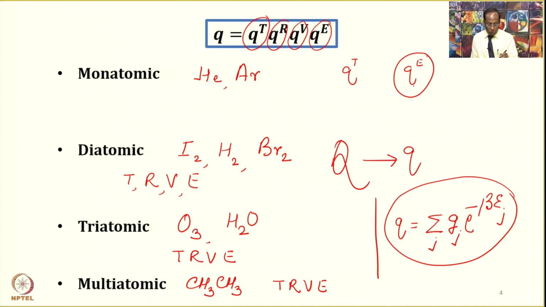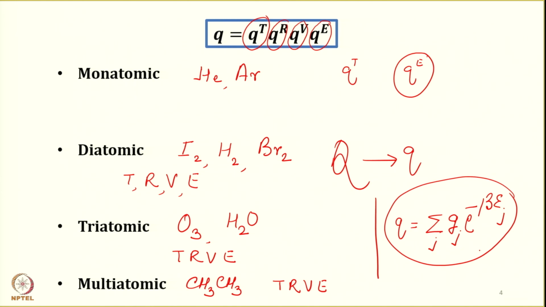For electronic contribution to partition function, the order of energy levels is translational, then rotational, then vibrational, and then electronic. Electronic energy levels are far separated. Therefore, at room temperatures, not many electronic energy levels will be occupied, and that contribution can be obtained from the direct summation method.